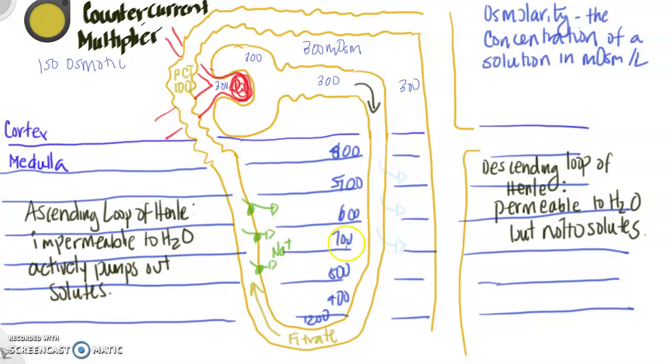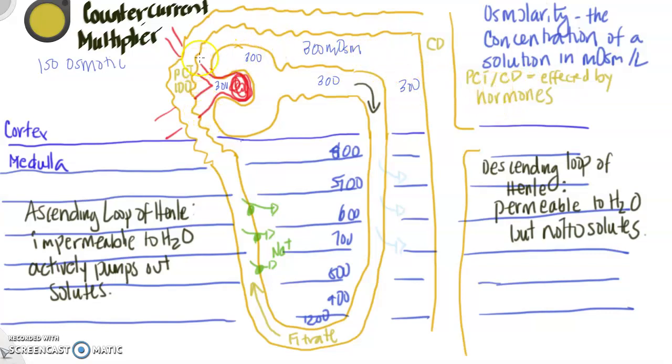All right, so once you get to the distal convoluted tubule and the collecting duct, here's the collecting duct over here, these tubes are affected by hormones. And these hormones maintain and finish the urine formation, based on what's going on.